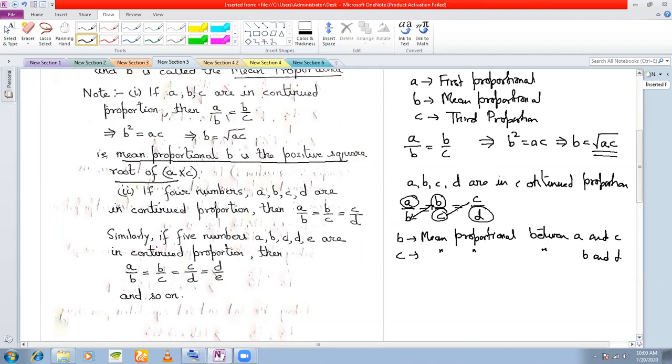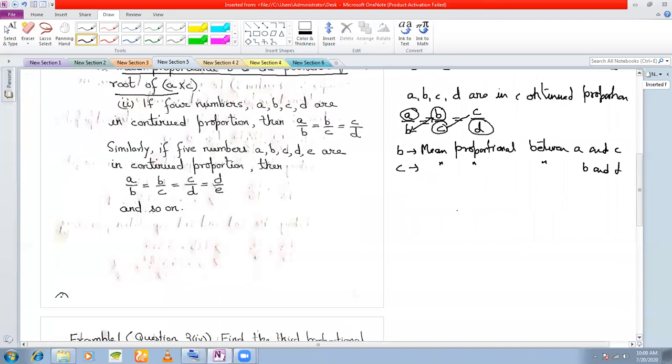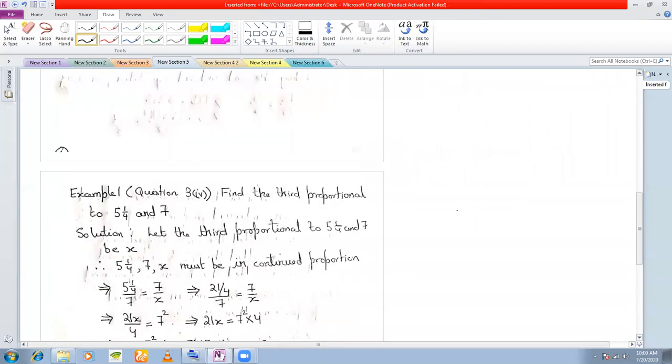That is when four numbers are in continued proportion.